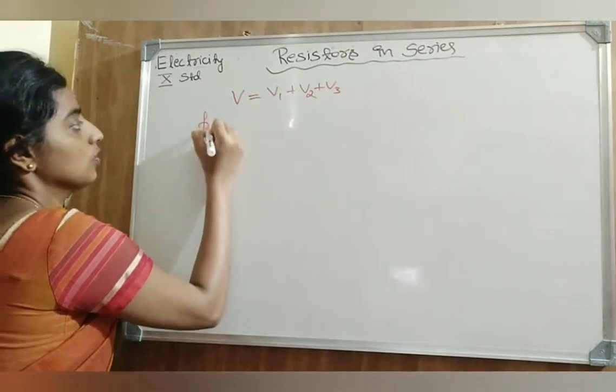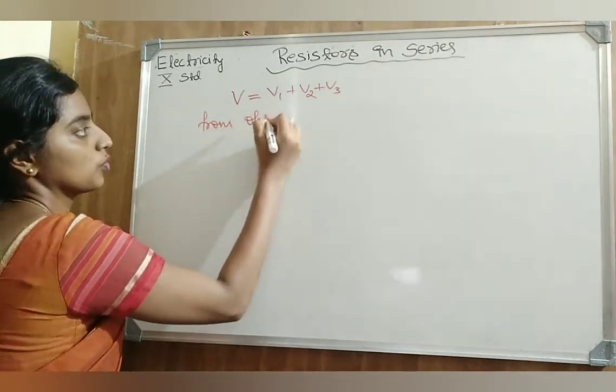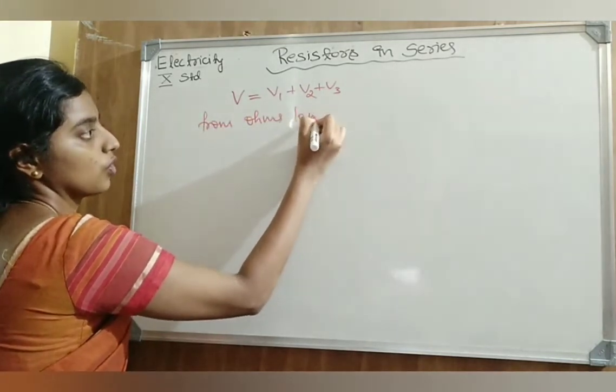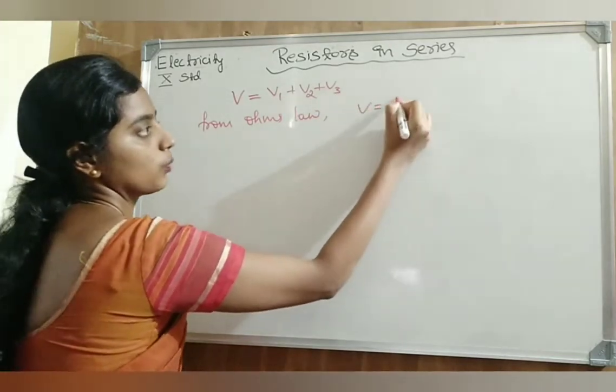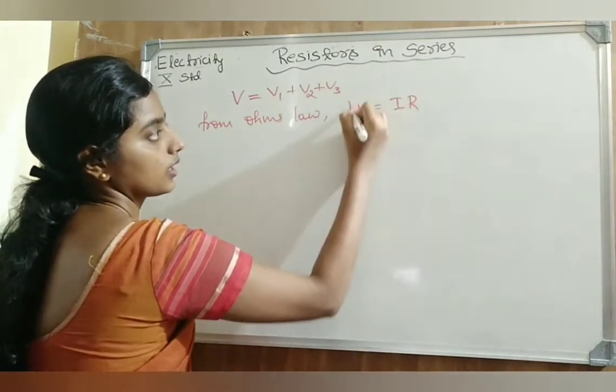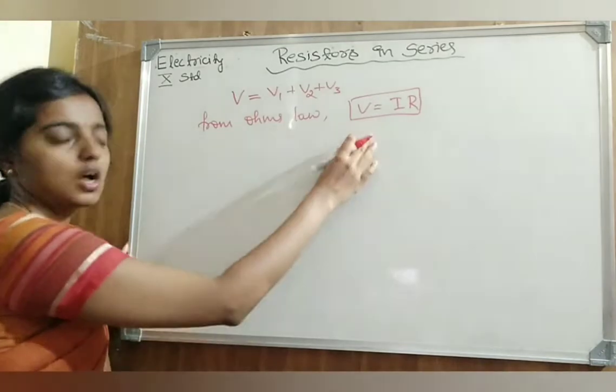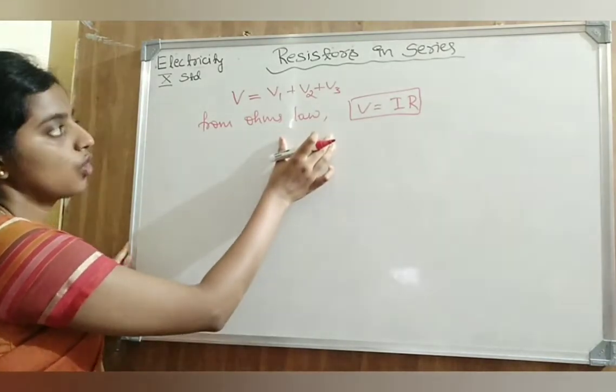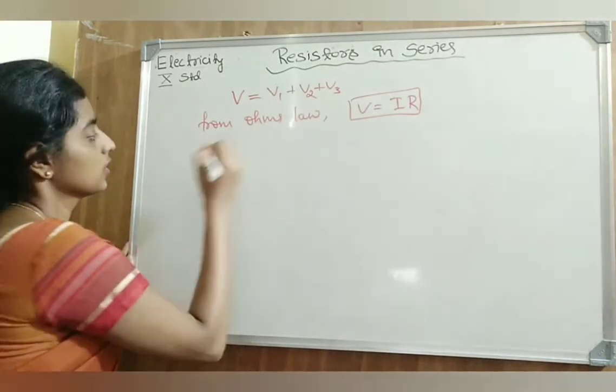From Ohm's law, we know that V is equal to IR. Now apply Ohm's law to all the resistors.